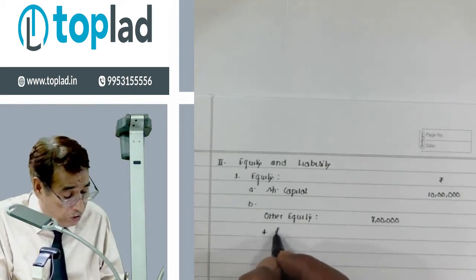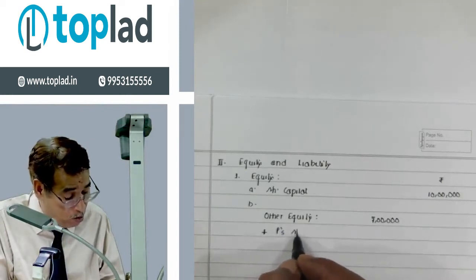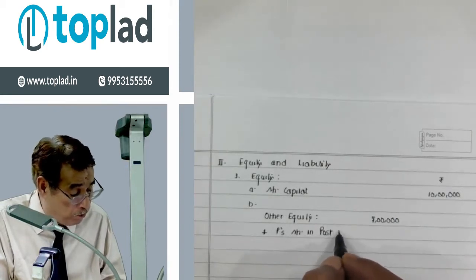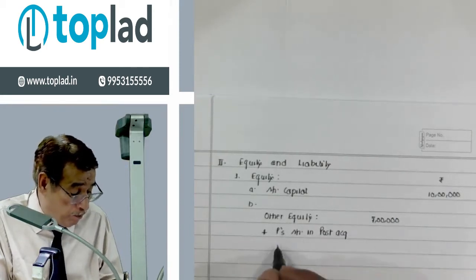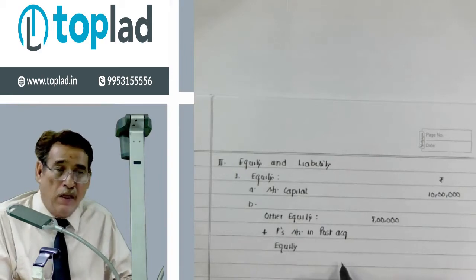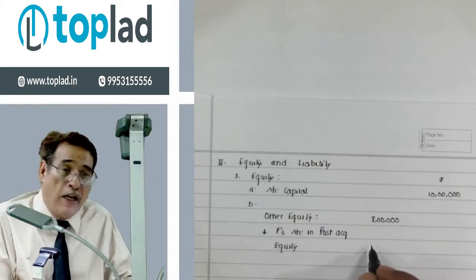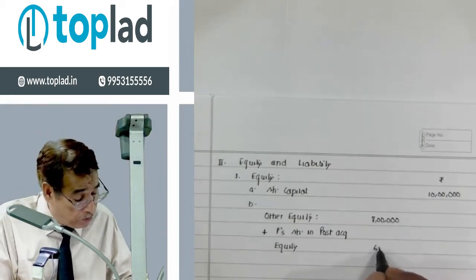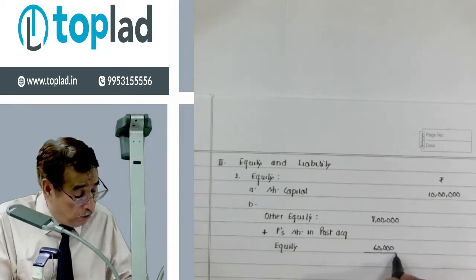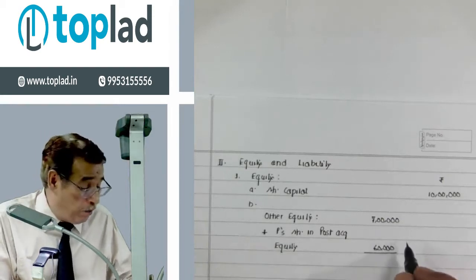So parent's share in post-acquisition equity. The subsidiary company earned in the post-acquisition period 1 lakh, and out of 1 lakh, 60,000 worth of other equity will belong to us.